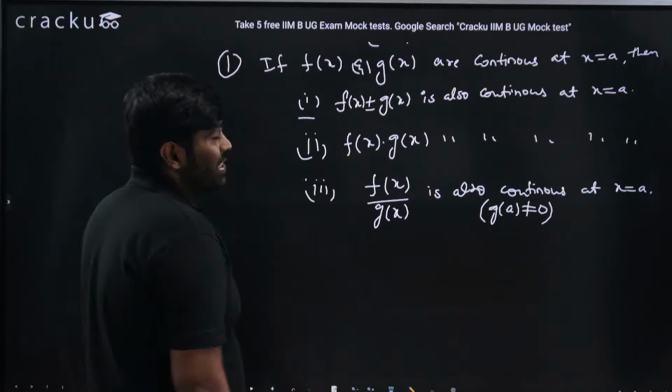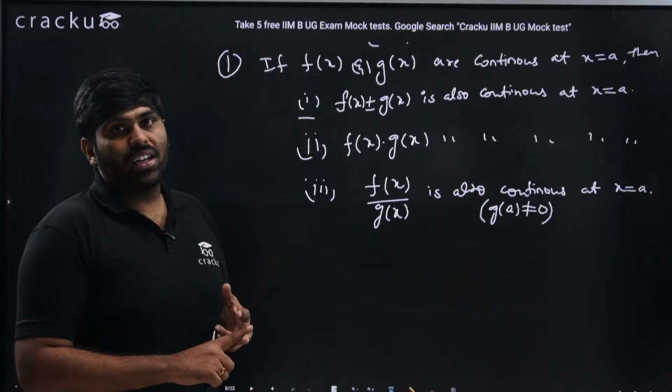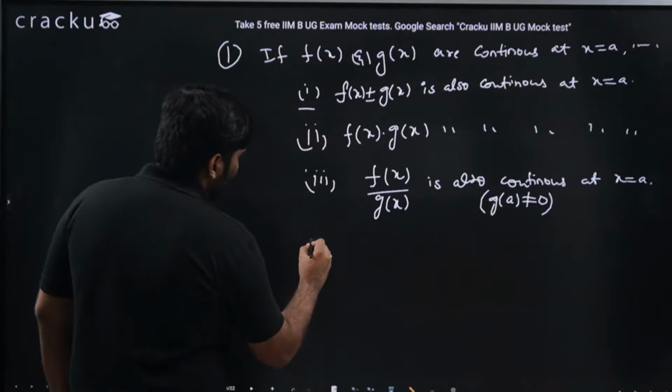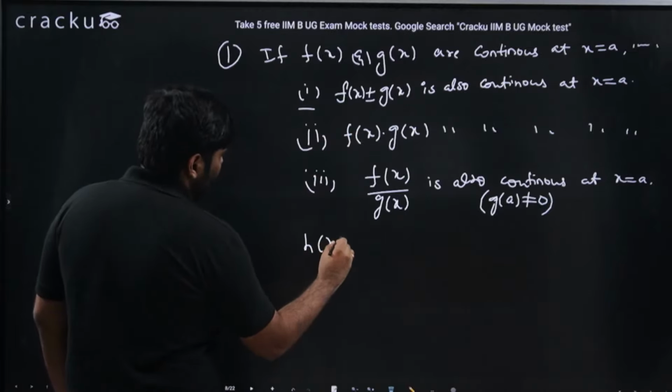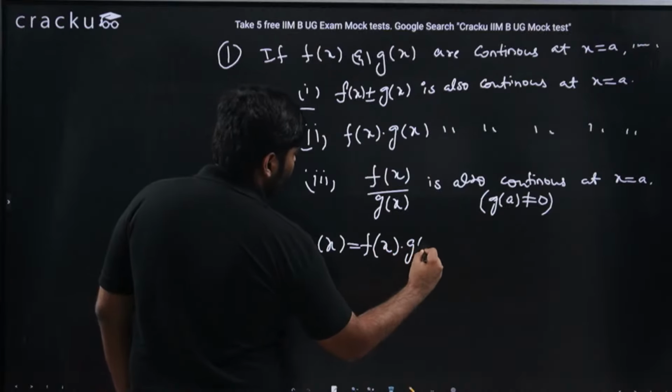How do we prove this? Yesterday we discussed the limit proofs, right? The limit of a sum or difference is the same as the sum or difference of the individual limits. Here also the same thing works. Let's take the product: some new function h of x equal to f of x into g of x.